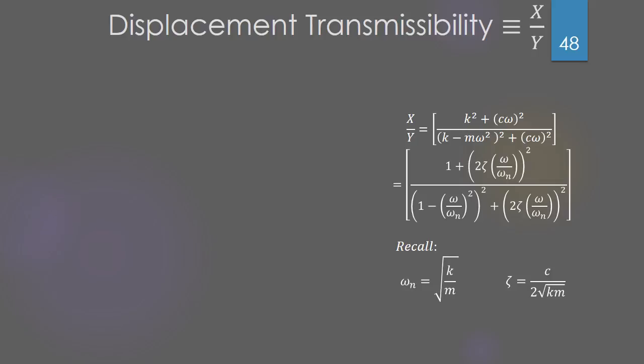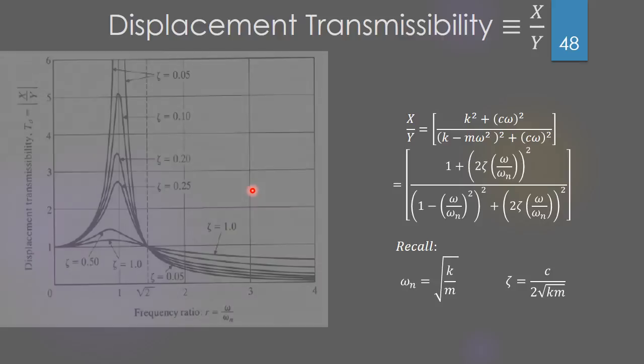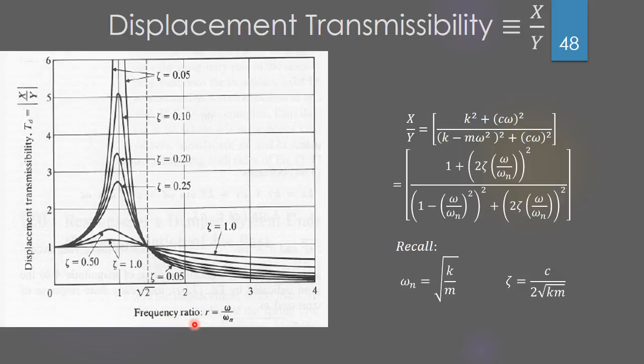And if we divide x over y, we'll get something called displacement transmissibility. It's equal to this value here. But this formula is not dimensionless. So by using these relations here, we can convert it into dimensionless form, which basically contains zeta and omega. Then we plot the displacement transmissibility with the frequency ratio.